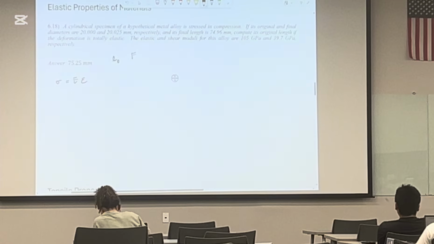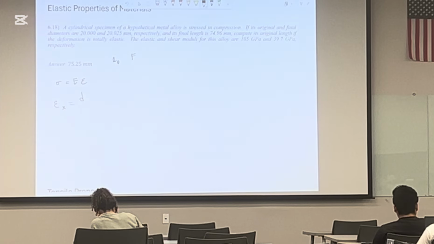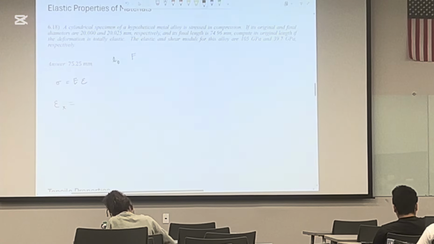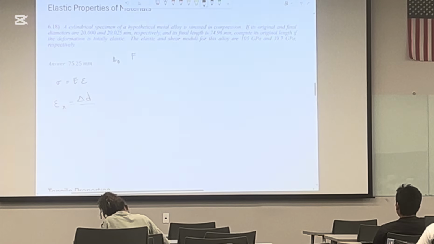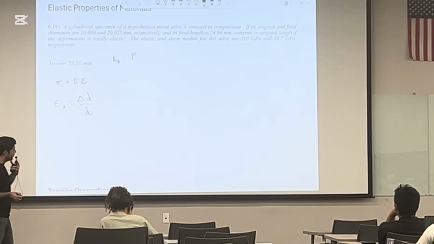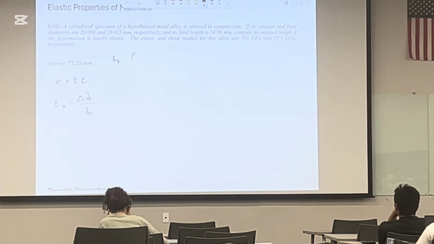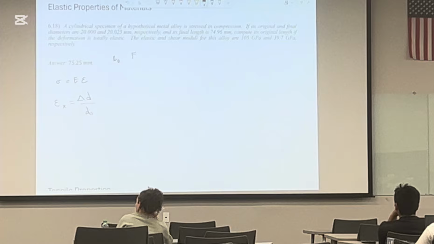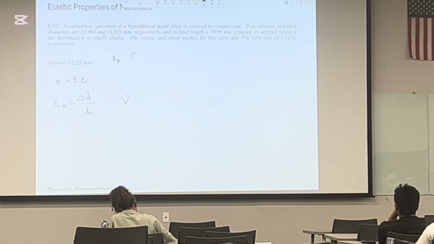Let me write it down. So epsilon x is actually delta d over d naught, right? If we had the Poisson's ratio, we could easily find epsilon z, and from epsilon z we can find the initial length, right? So the key here is finding this Poisson's ratio.